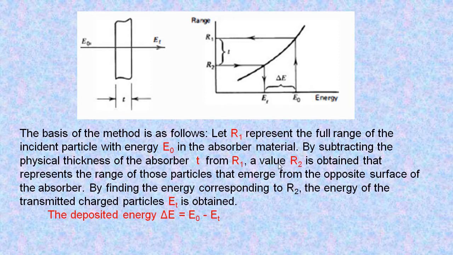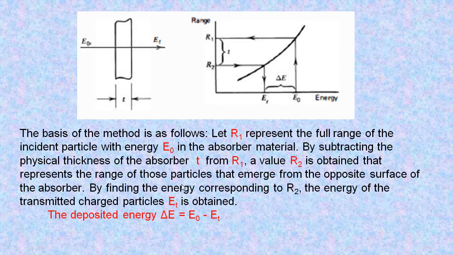That means the value of R2 obtained represents the range of those particles that emerge from the opposite surface of the absorber. By finding the energy corresponding to R2, this is the corresponding energy. The energy of the transmitted particles, ET, can be calculated.